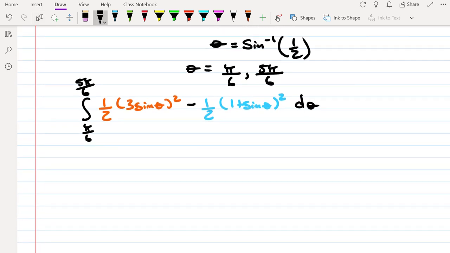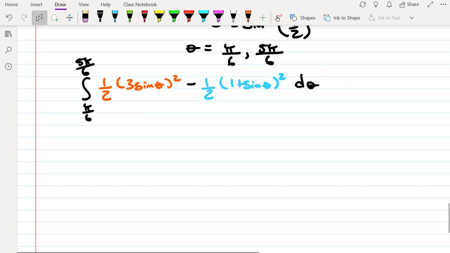So we can split this up into two integrals and pull out some constants. So 3 squared is going to give us 9, and then times 1/2 is 9/2.